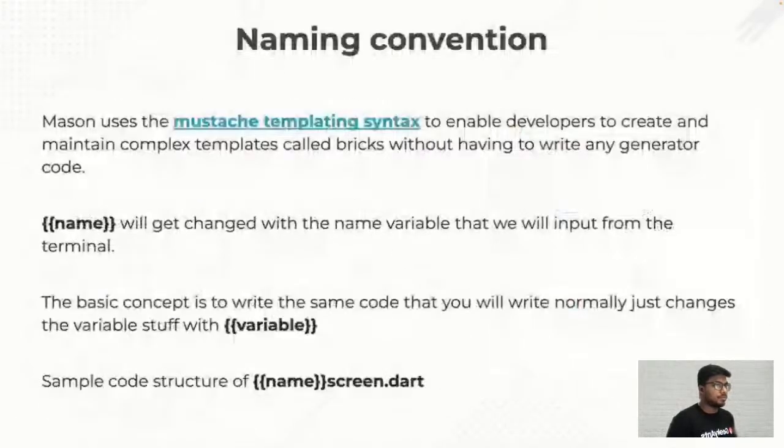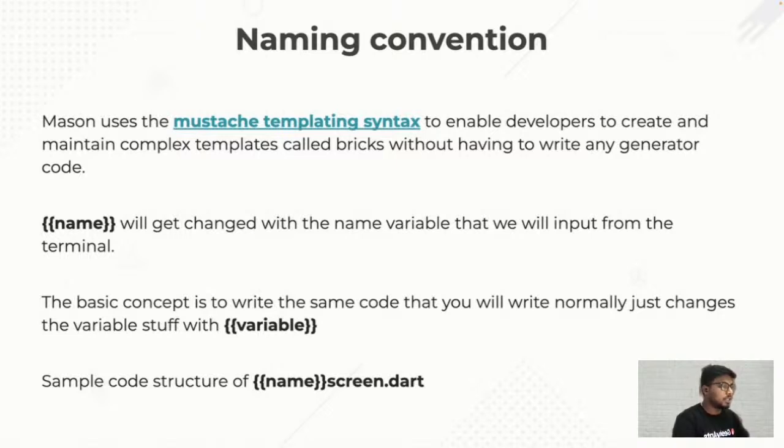Now we'll see what the naming convention is that Mason bricks use. Mason uses the mustache templating syntax, which helps in creating and maintaining complex templates. In this syntax we use double curly braces, and inside that we write the variable name, and every time we generate a new package or a new brick, this variable gets replaced with the data that we provide.